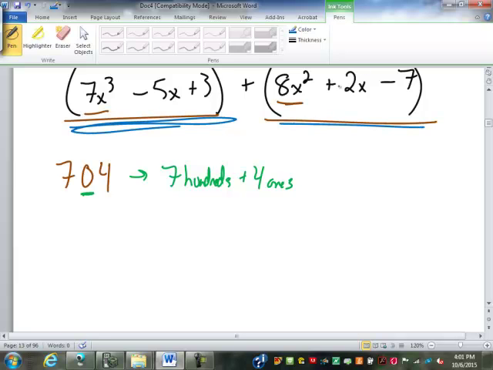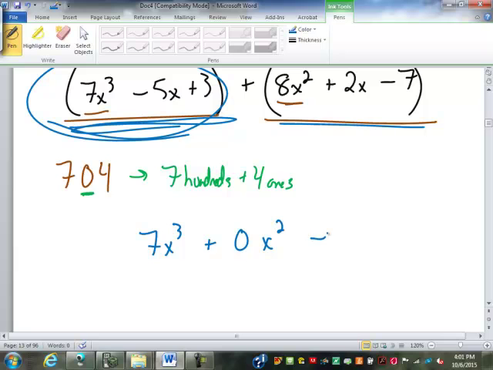We don't put the zeros in there, but it really is. This number here is really 7x to the third plus 0x squared minus 5x plus 3. X squared or x to the third? Well, it's the x squared that's missing. Oh. So it's the 0x squared.